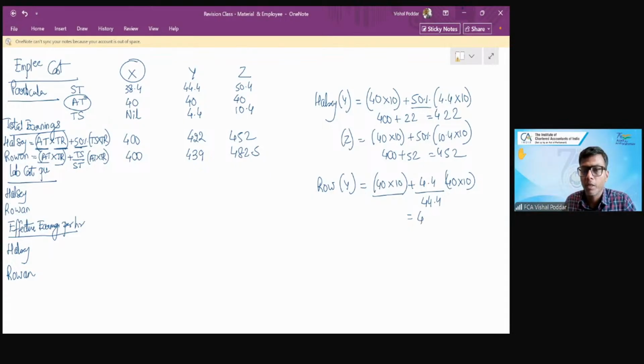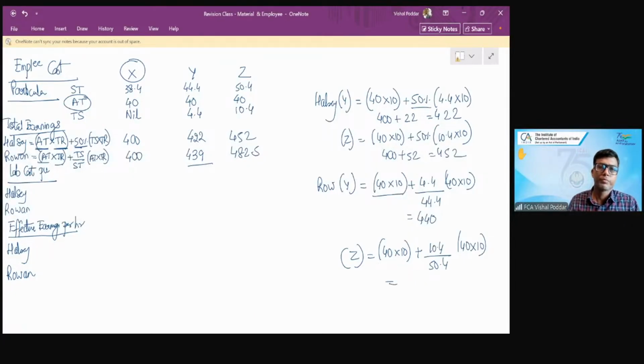So what I'm getting is 440. So 439 is okay. Z again 40 into 10, and here also 40 into 10, but here it is 10.4 upon 50.4. So this will require some calculation.